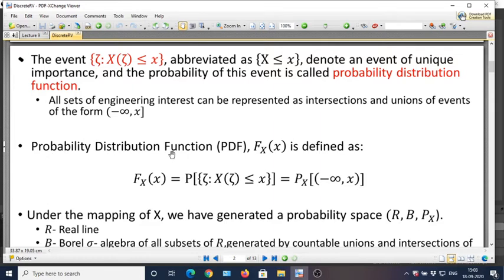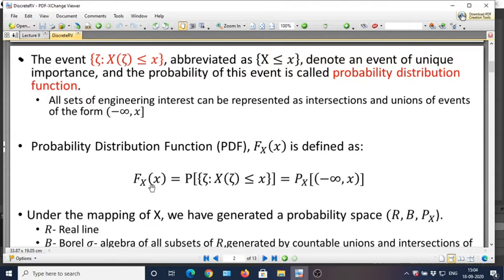So a probability distribution function, denoted as PDF and represented in notational form as capital F subscript capital X, and within brackets the value small x, we will call it F_X of x.